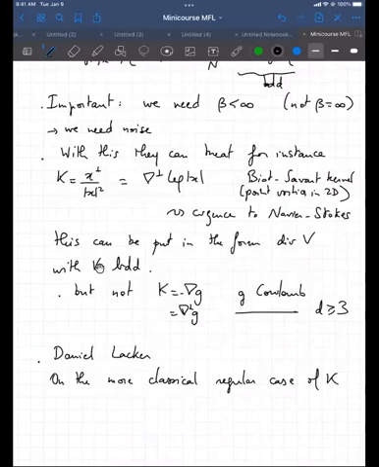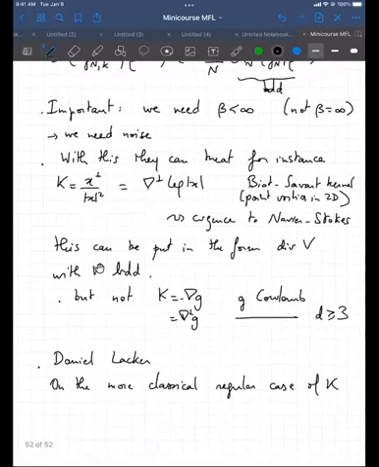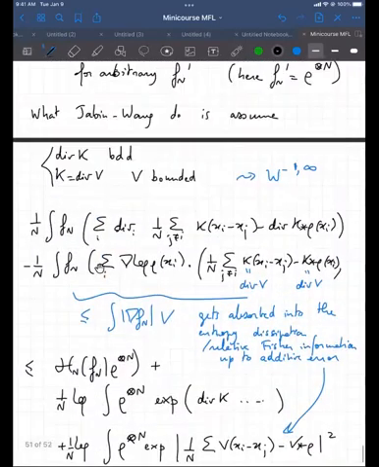Okay, so in the more classical regular case, what people do is they don't try to put the divergence on K, to exploit the fact that here the problem is that K is singular, but divergence of K is better than K somehow, right?